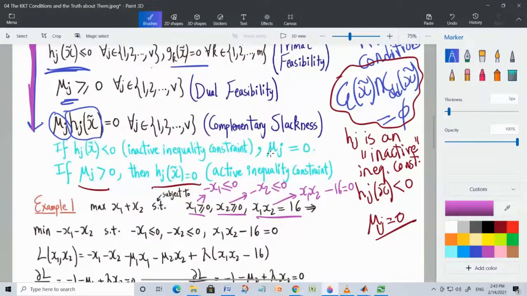We need those tiny tricks to take a general optimization problem and make it conform to the standard form. And so our problem now becomes minimize minus x1 minus x2 subject to those constraints. Now every constraint is written in the standard form.